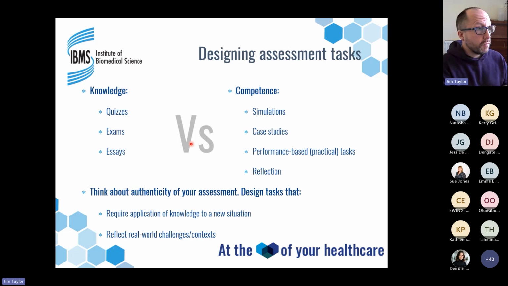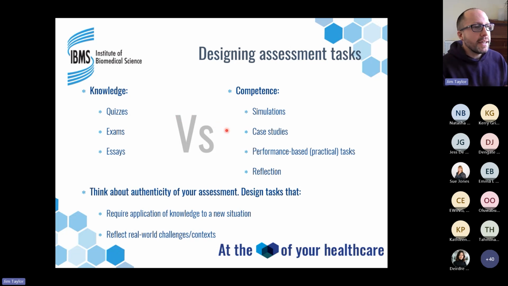Particularly for the Reg portfolio, you might have seen the mapping document where we use the filled in circles and the hollow circles to show the difference between knowledge and competence. It's quite important to understand that certain assessment types do lend themselves better to different types of knowledge and skills and competence that you are assessing.